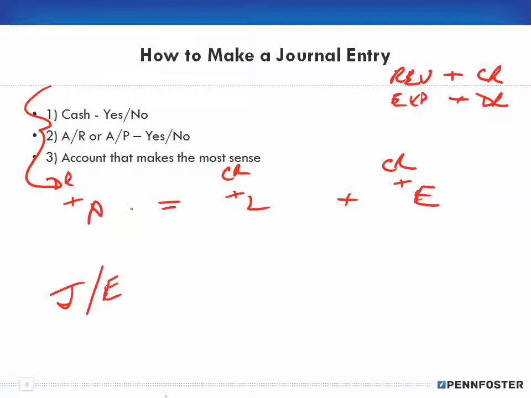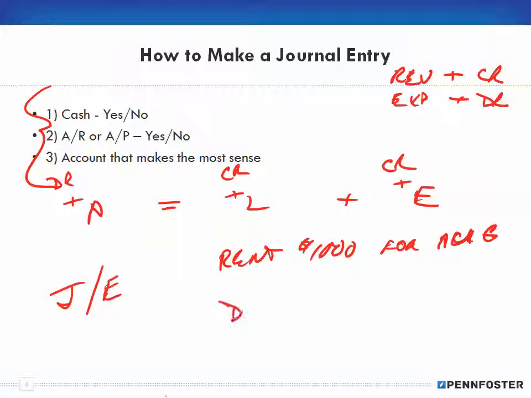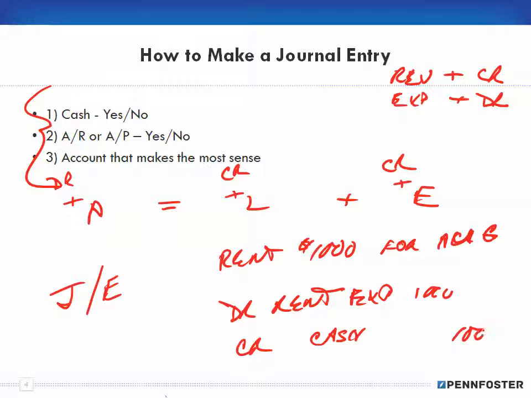So, if it says paid rent for $1,000 for August, to me, it's just so ingrained. I know that's a debit to rent expense for $1,000 and a credit to cash for $1,000. I don't have to think about it.